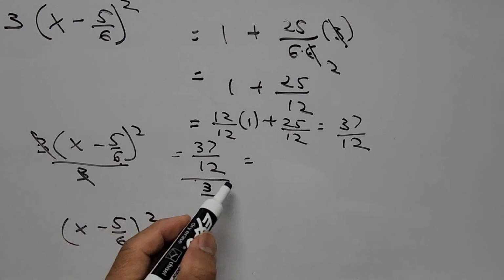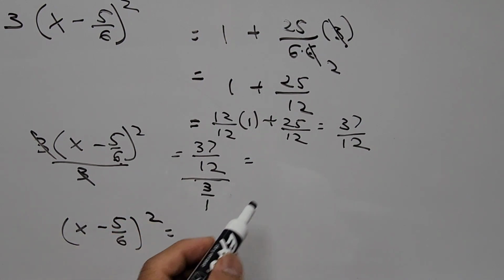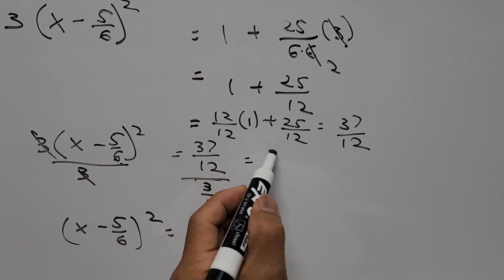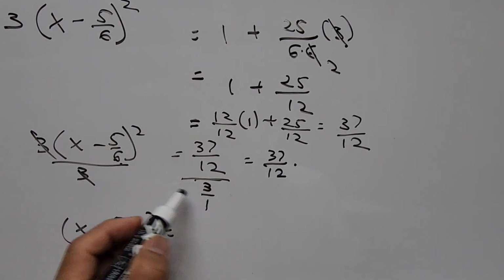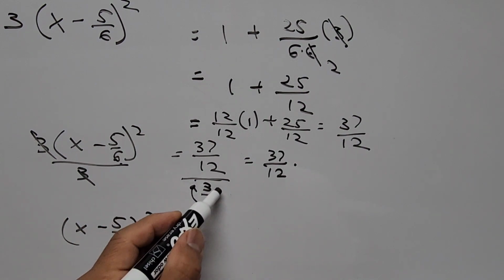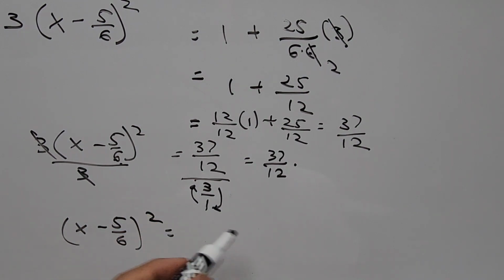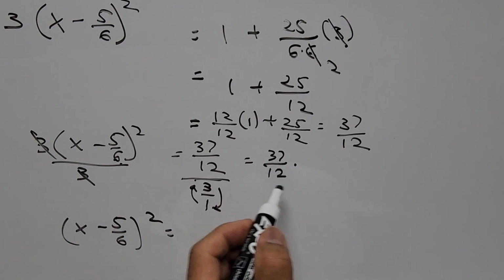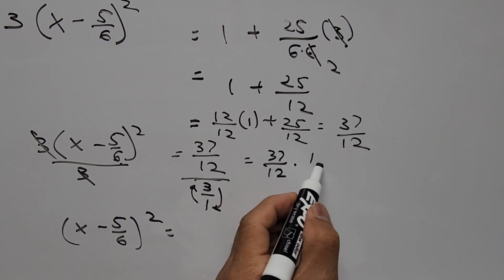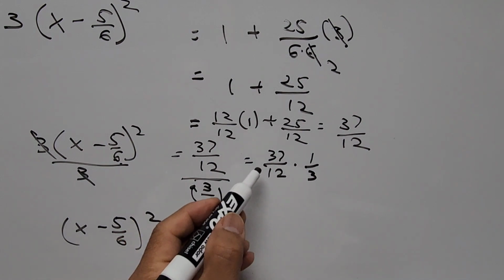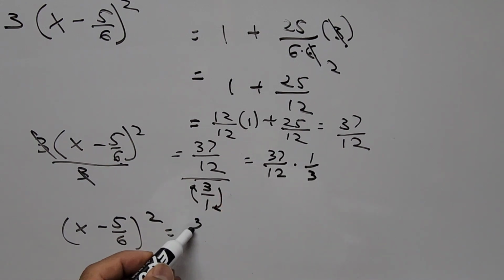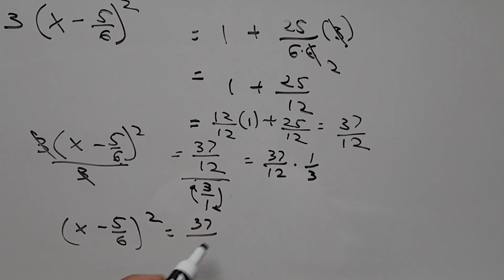Transform this division into multiplication, so the denominator becomes its reciprocal. So we have 37 over 12 multiplied by 1/3. So on the right hand side, 37 times 1 is 37, divided by 12 times 3 is 36.